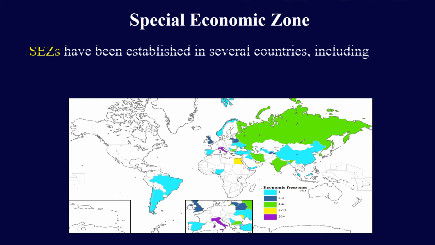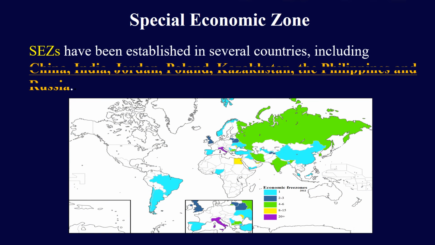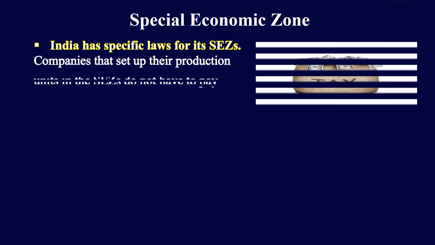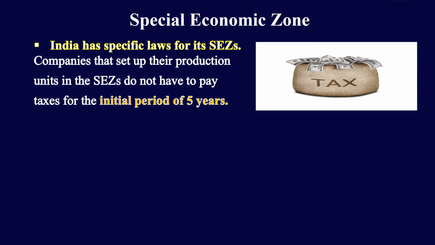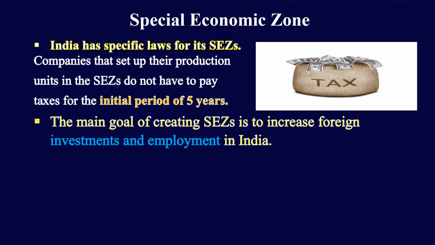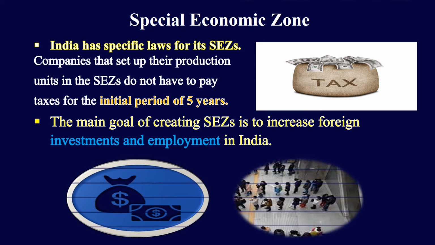Special economic zones have been established in several countries, including China, India, Jordan, Poland, Kazakhstan, the Philippines, and Russia. India has specific laws for these zones, as the companies that set up their production units in SEZ do not have to pay taxes for the initial period of 5 years. The main goal of creating special economic zones in India is to attract foreign investment and create employment.